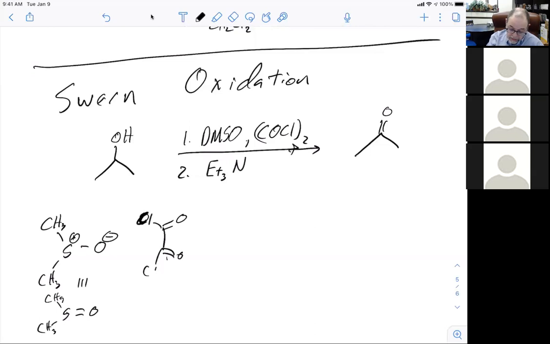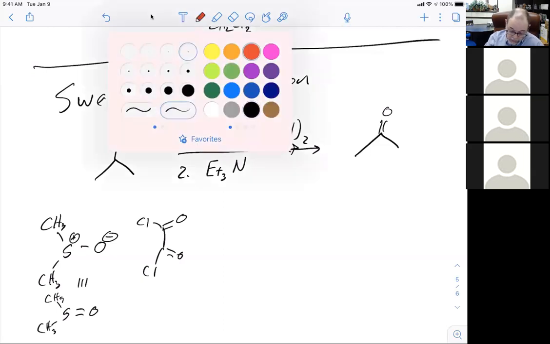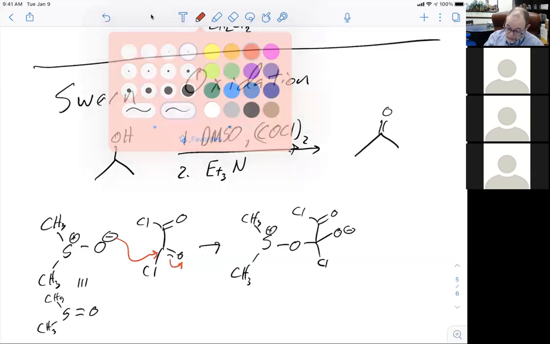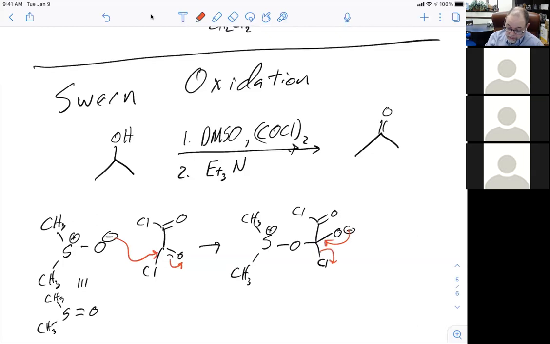Let me clean this up. At this point, we get nucleophilic attack at one of the carbonyls, and then the oxygen comes back down and kicks off the chlorine.